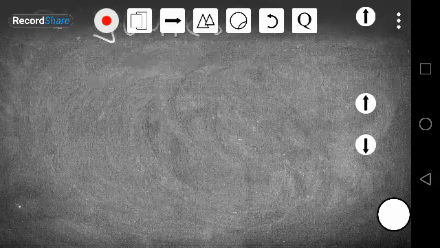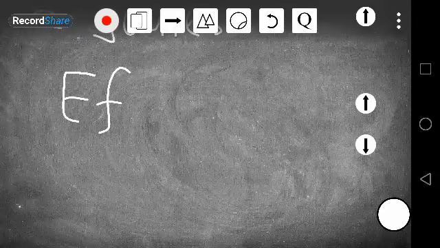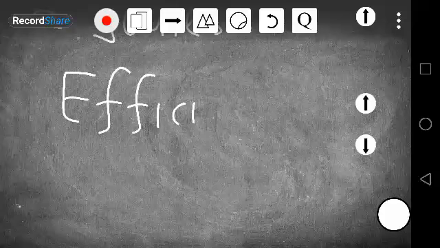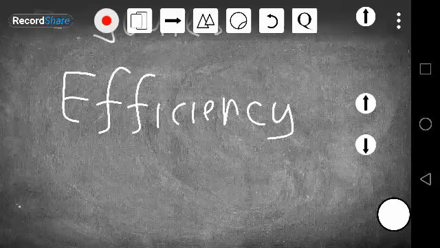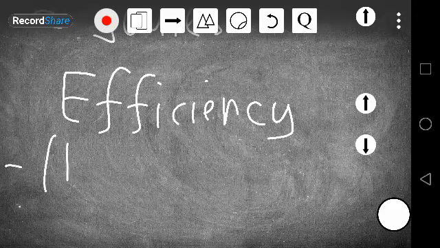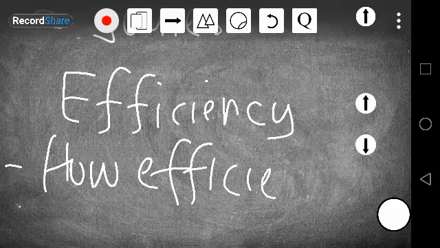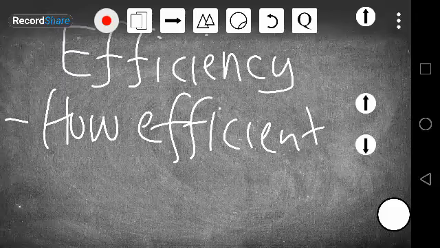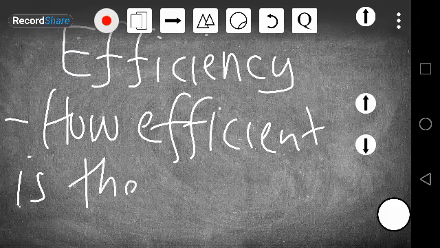We now move on to efficiency. Efficiency measures how efficient the machine is. Okay?